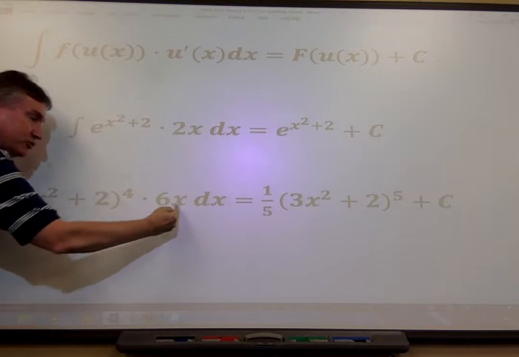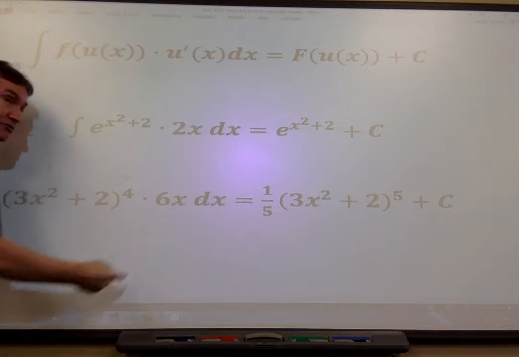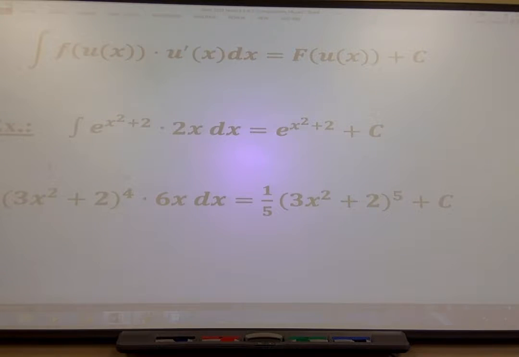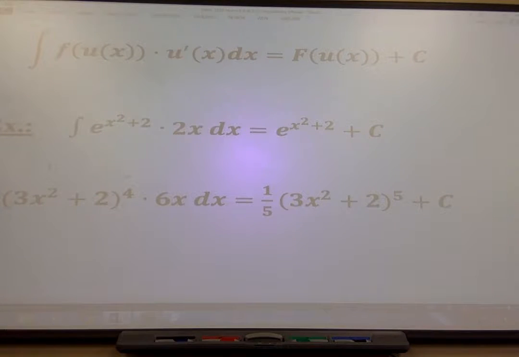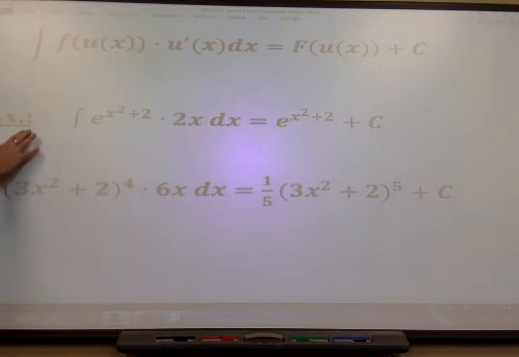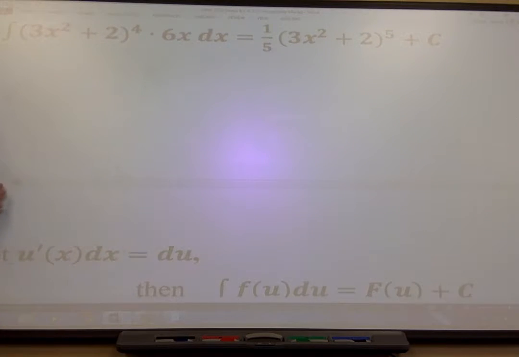They call this du. If this is u, that would be du. Is your du complete? That's what I'll ask you. Is the derivative of the inner here with the dx? If not, you have to adjust it. But then you just go backwards. That's the whole section, but it takes some practice to get used to.